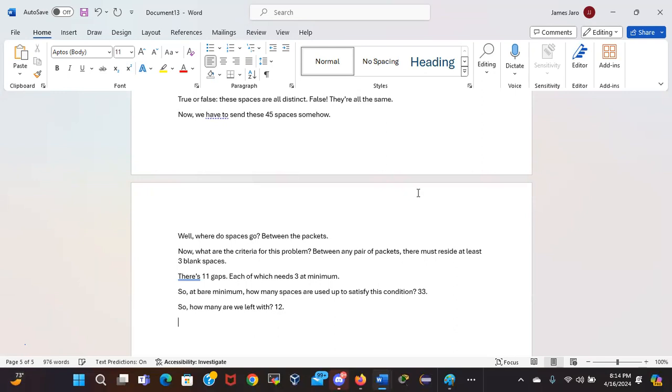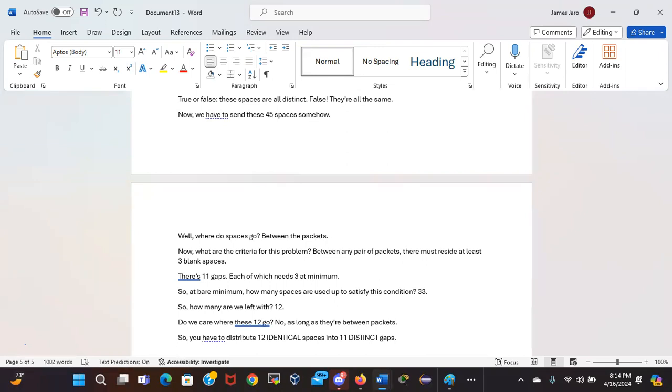We're left with 12, right? Do we care where these 12 go? No, as long as they're between packets. So you have to distribute 12 identical spaces into 11 distinct gaps.